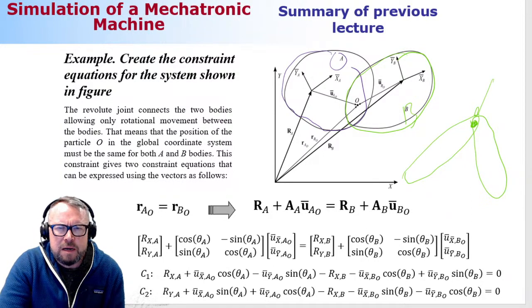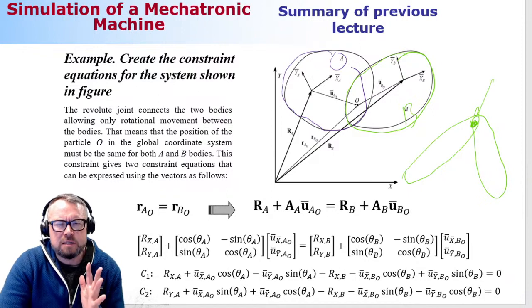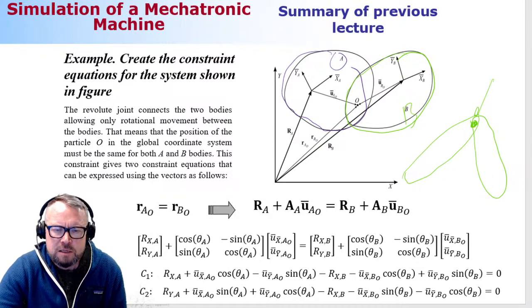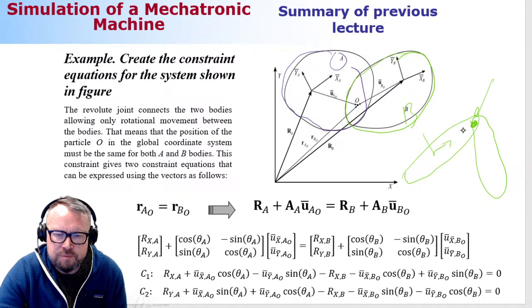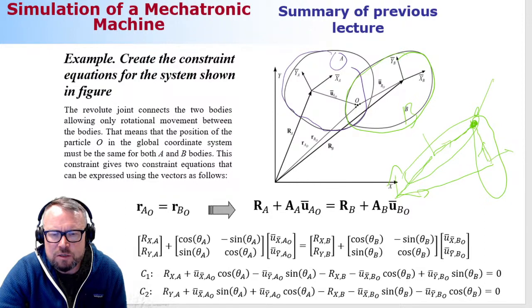I think we can make it happen easily when we use the kinematics we learned earlier. So we can describe this point here using the body reference coordinate system. And we can redo the whole thing using the other body reference coordinate system.